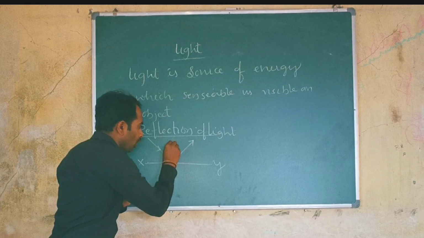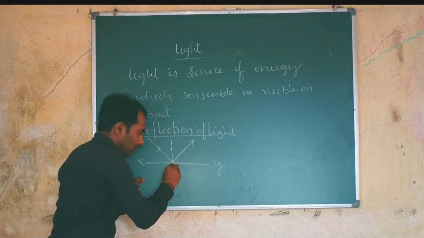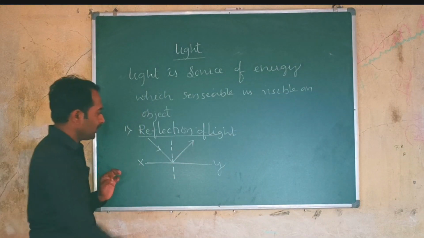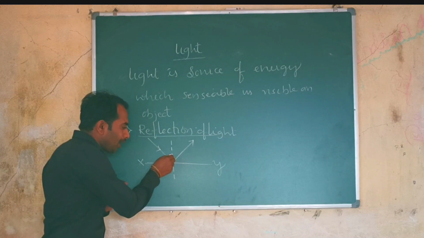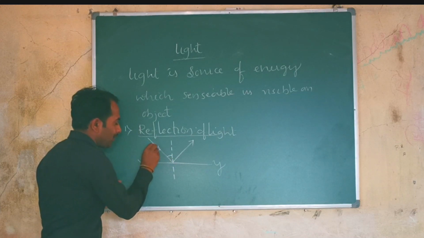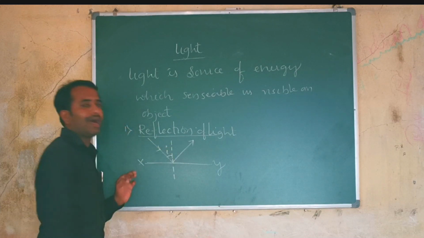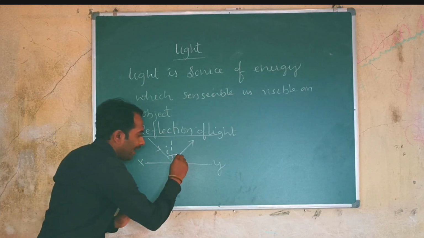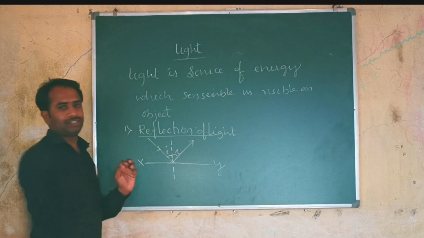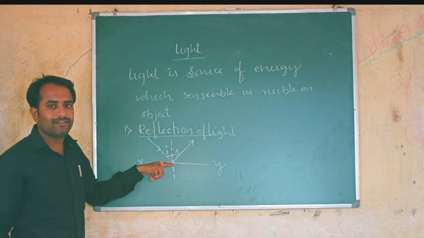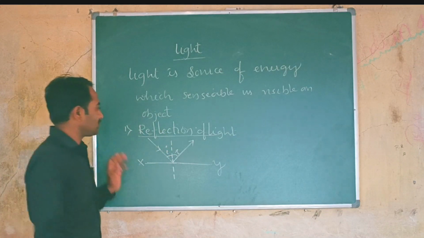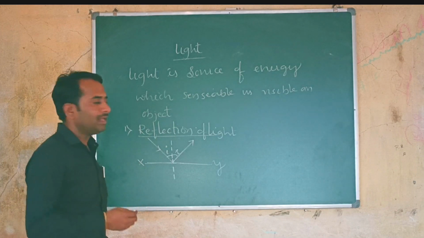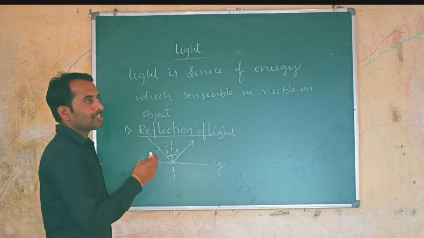If you draw the normal to it, the angle of incidence, represented by i, is always equal to the angle of reflection. Angle of incidence is equal to angle of reflection. It has two laws of reflection.